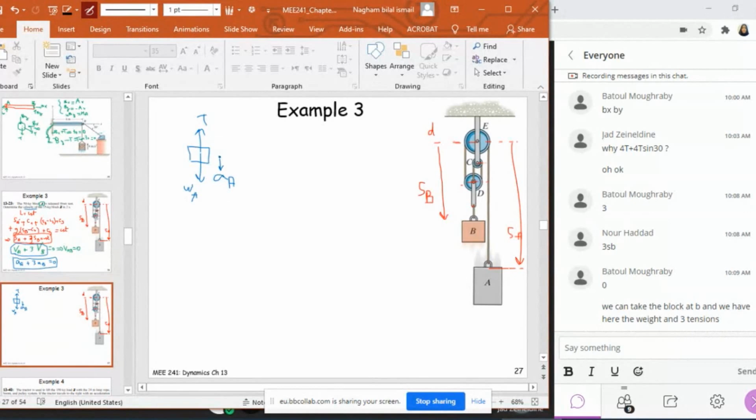Why, guys, do I have to take the acceleration of A downward? Because I have to be restricted to the positive S direction that I indicated earlier in this problem. If I took SA in the downward direction, I should take AA also downward and AB downward. Guys, if you take AA in the opposite direction of SA, you're not going to have the correct answer.